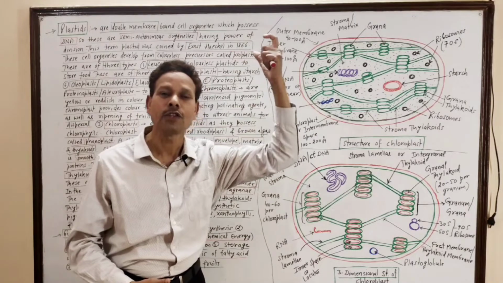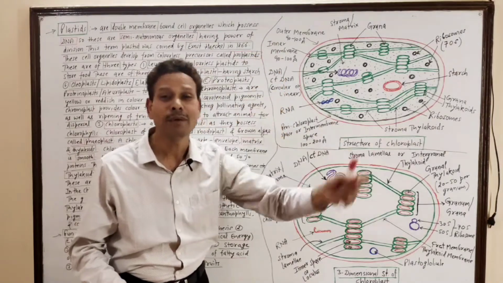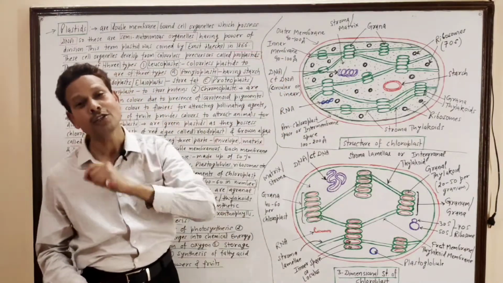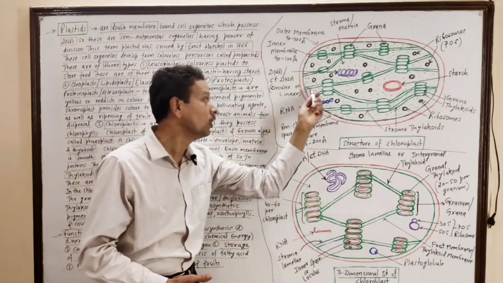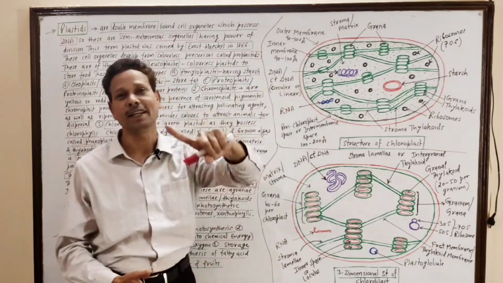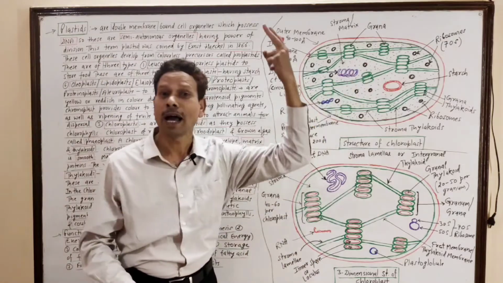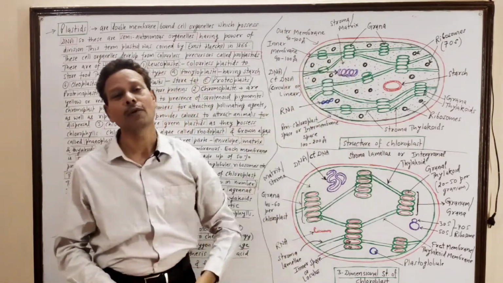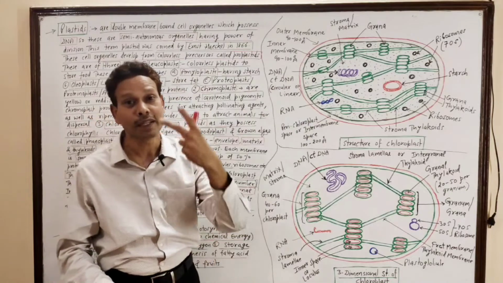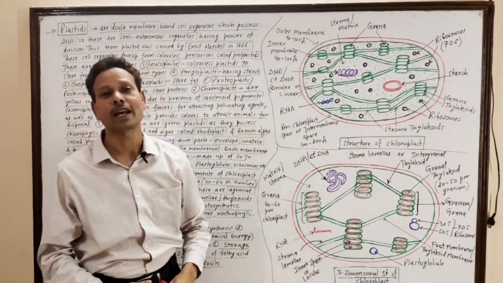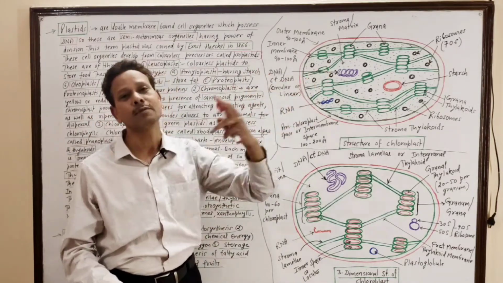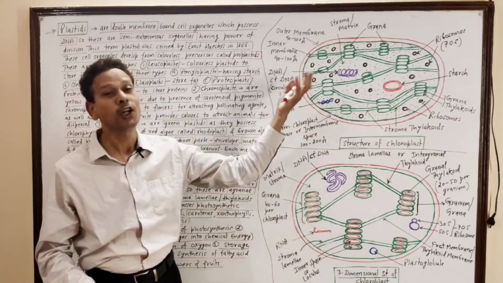But in case of mitochondria, the DNA is mtDNA, mitochondrial DNA. Note down, in mitochondria as well as in chloroplast, the ribosomes are 70S type.